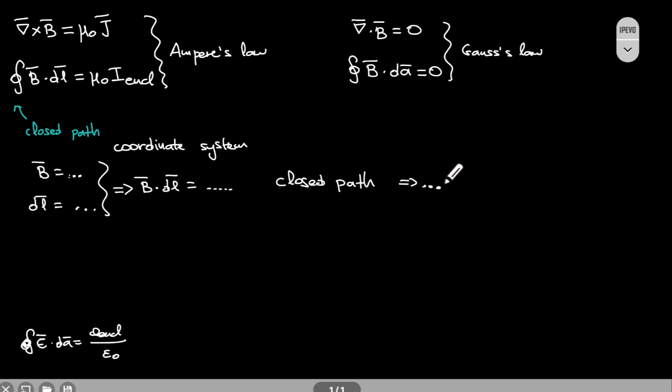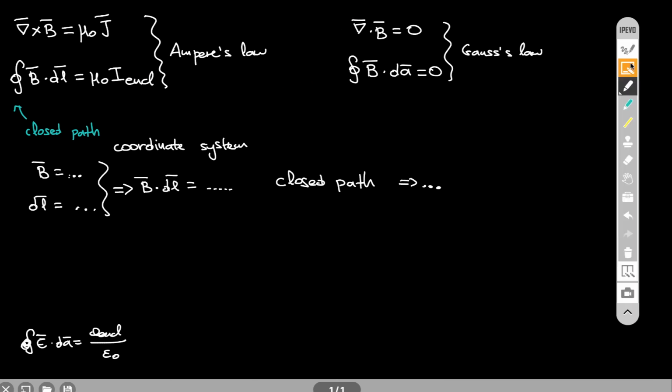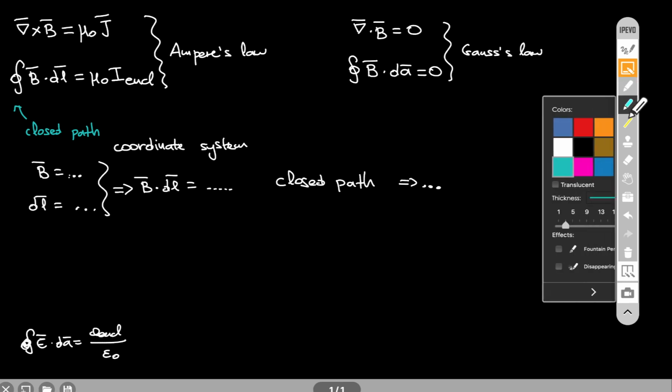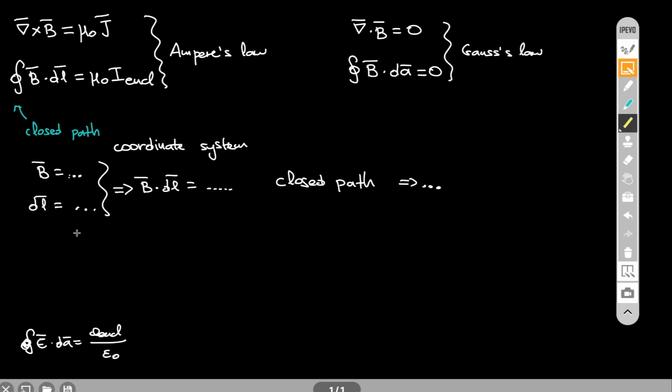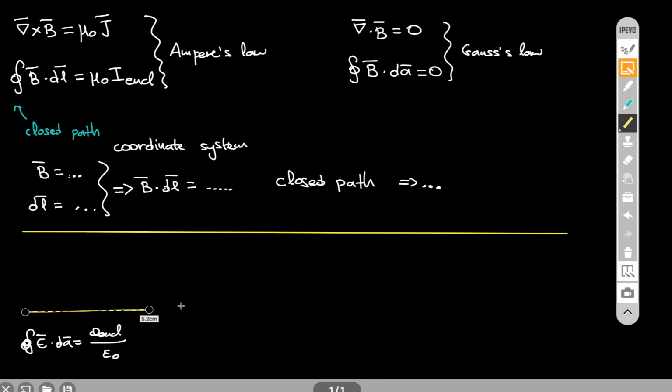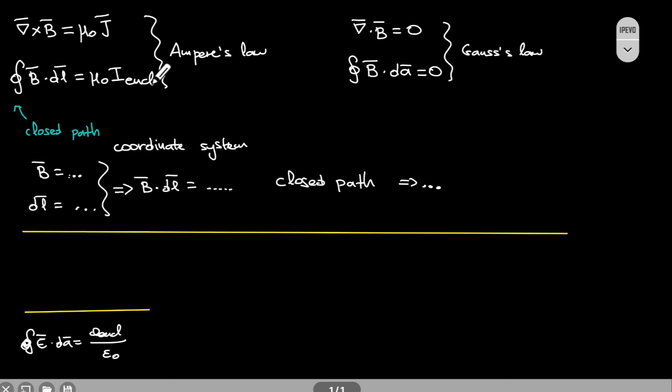There is something though that is important to remember. We have a current on the right side, and we have a magnetic field and a closed path integral.